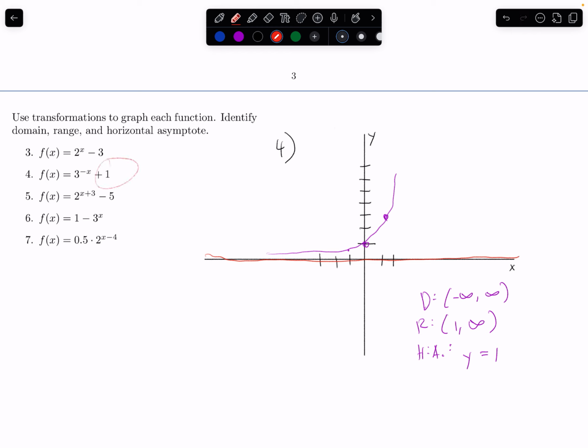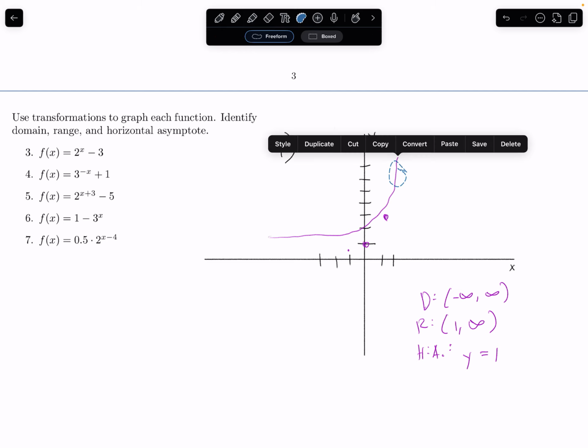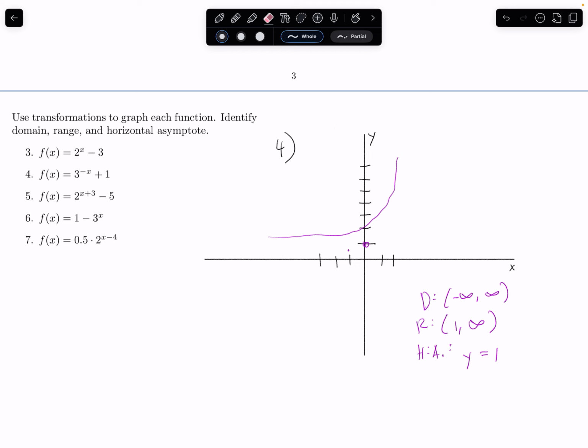Well, if I shift this center point up by 1, the way my graph changes is this guy is now up by 1. Here's my new horizontal asymptote. My new horizontal asymptote has shifted now. And then I'm going to do the reflection. And by doing the reflection, I end up with this picture.